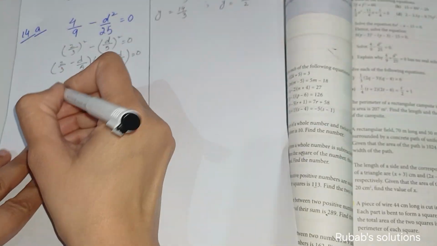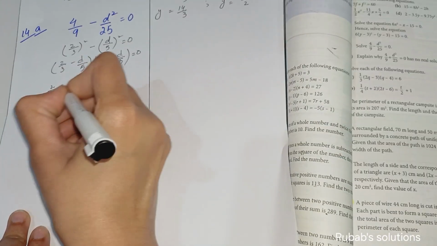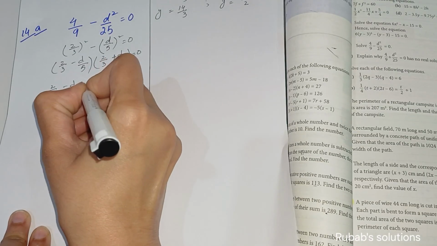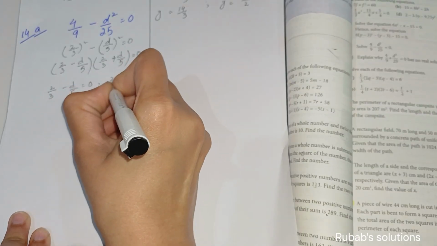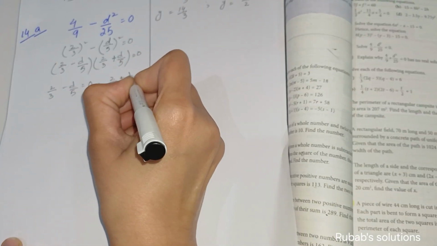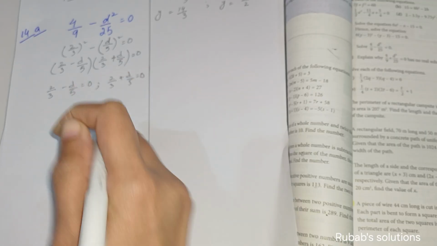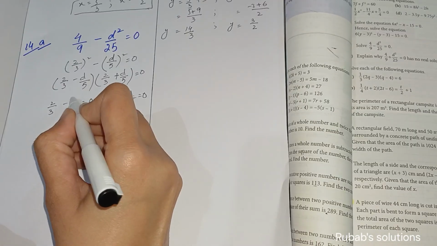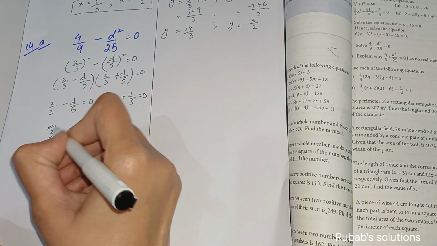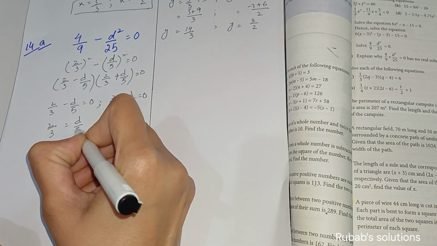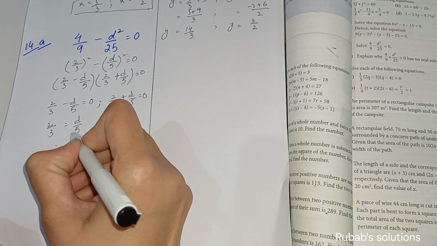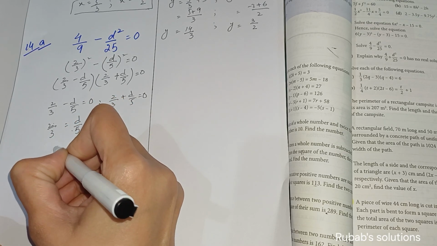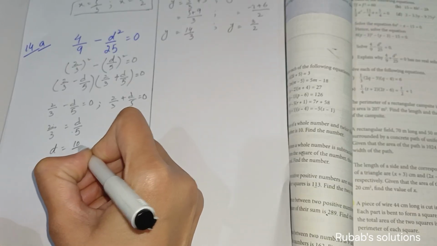So either 2 by 3 minus d by 5 is equal to 0, or from the other side 2 by 3 plus d by 5 is equal to 0. So from here d by 5 will shift to the other side, and by cross multiplication d is equal to 10 by 3.